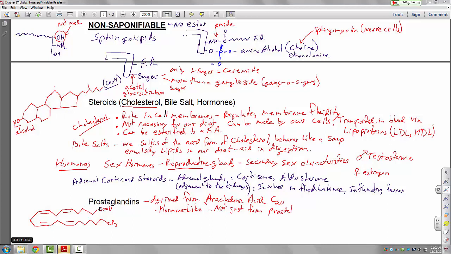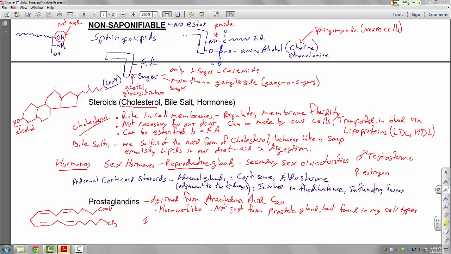They were found in the prostate gland, but found in most cell types or tissue types. And so for that reason, they're not really hormones, but they do have hormone-like actions.